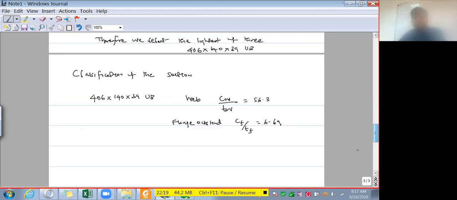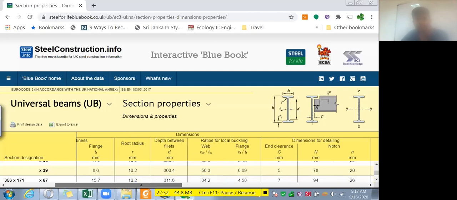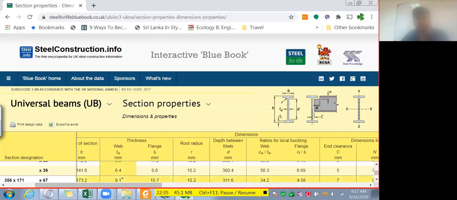And we need to find our Fy value. We have to see the thickness of the flange and the thickness of the web. Thickness of the flange is 8.6 millimeter, web is 6.4 millimeter. Both are less than 16 millimeter.